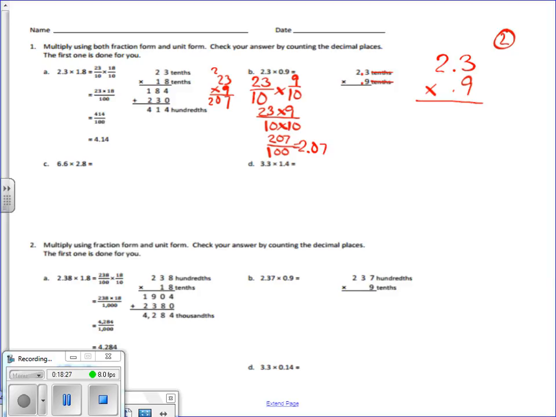9 times 3 is 27. 9 times 2 is 18, plus 2 is 20. Oh, look, my decimal needs to go 2 places. 1, 2, bam. Some people were only doing their decimal from the top and forgetting the one on the bottom. They would go, oh, 1 decimal, whoosh, totally forgetting the second one.